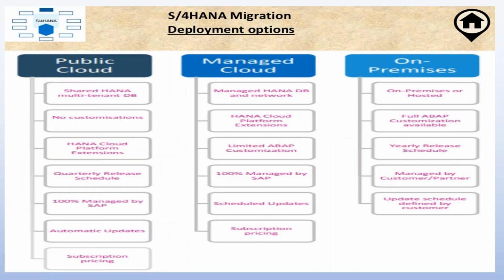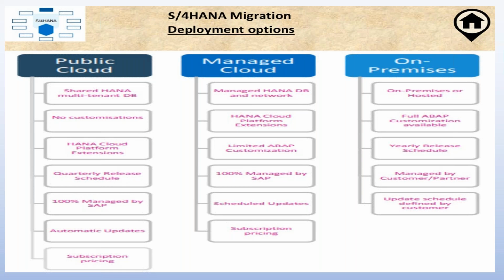Now this is an important one. This is called S4HANA public cloud, managed cloud, and on-premises. On-premises, everyone is aware. On-premises is nothing but you purchase the application, you purchase the servers, so you can do all kinds of customization.